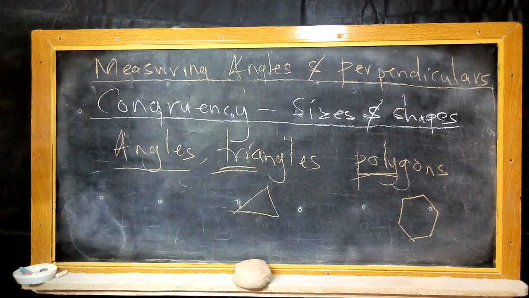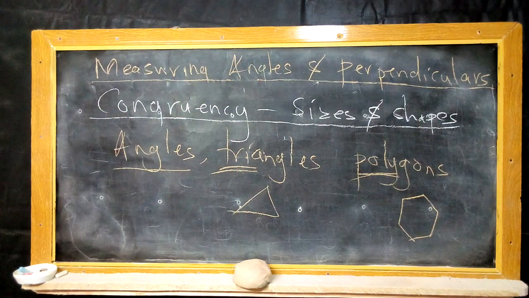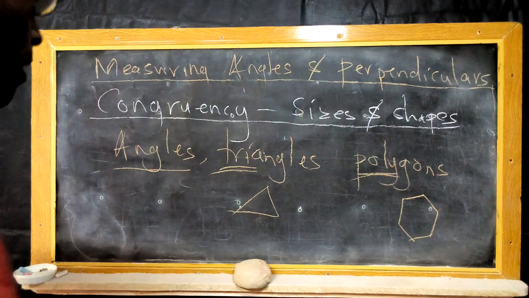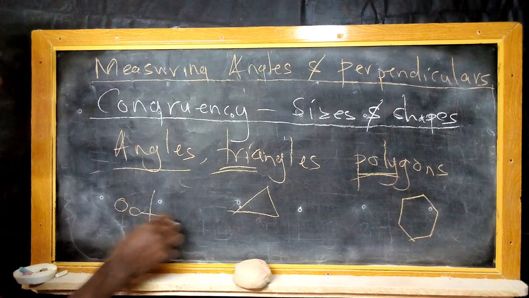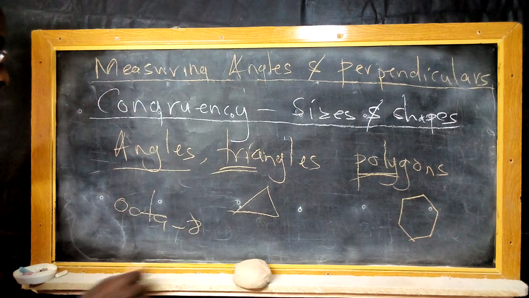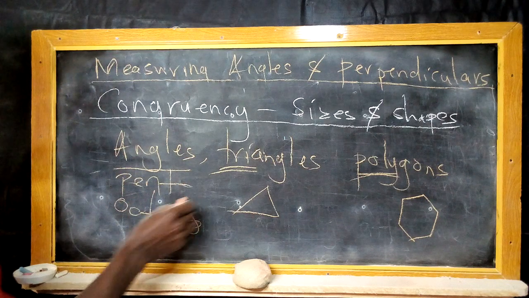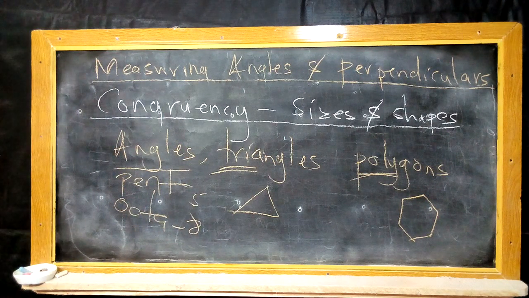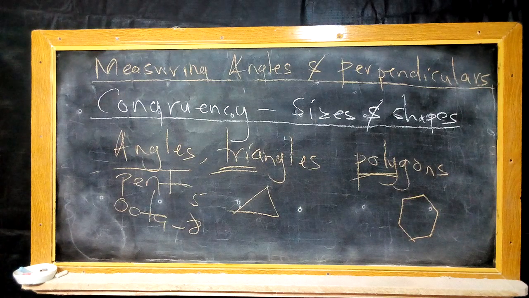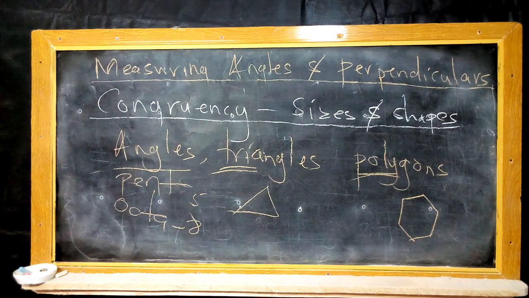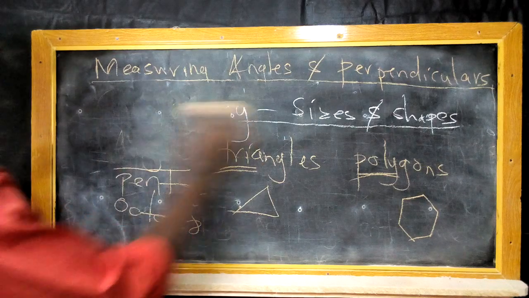Can be more than three for maybe a hexagon, heptagon, octagon, etc. Those are the prefixes that are being used to denote, like octa, this is an 8-sided figure, and then for the pentagon, penta, this is a 5-sided figure, etc. So we say that angles, triangles, polygons, etc. can be congruent in that case.